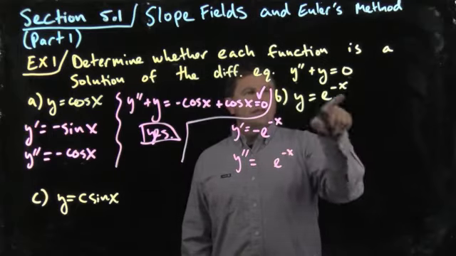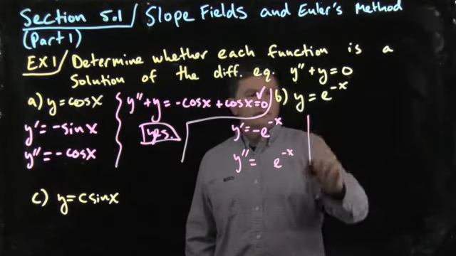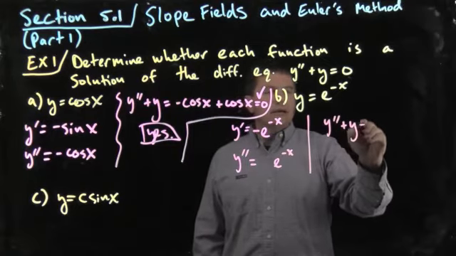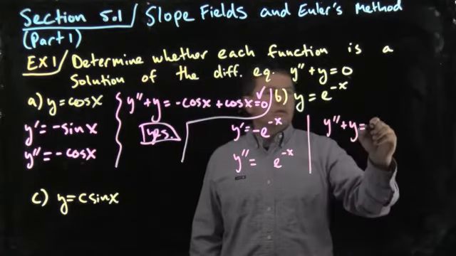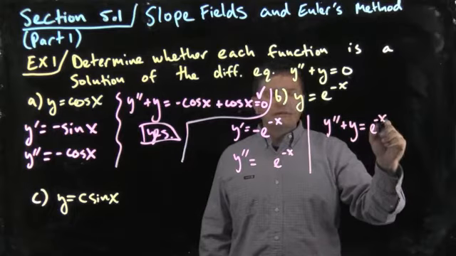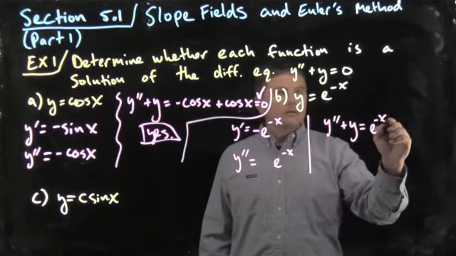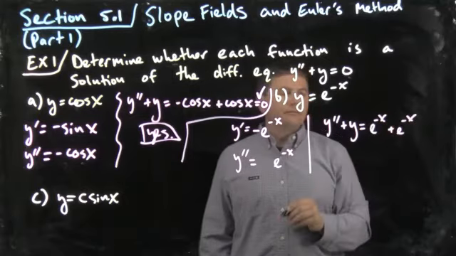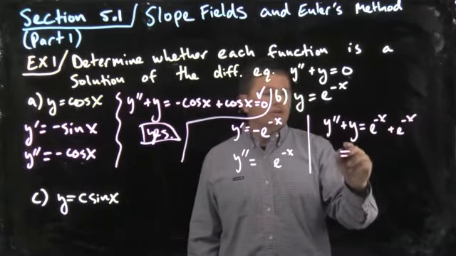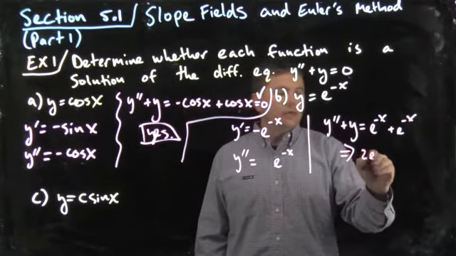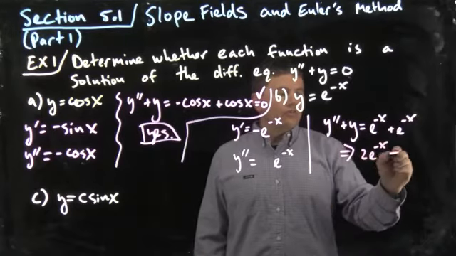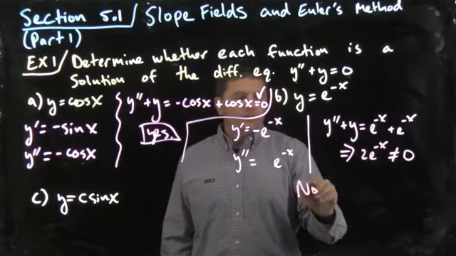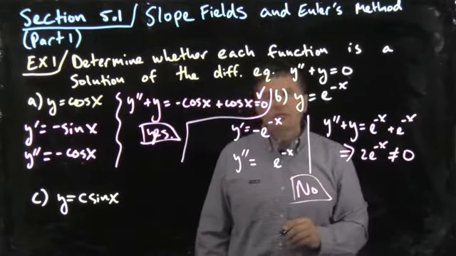Okay, same thing, y double prime plus y is equal to e to the negative x plus e to the negative x, which is equal to 2e to the negative x, which is not equal to 0. So this is not a solution. So no, it's not a solution.